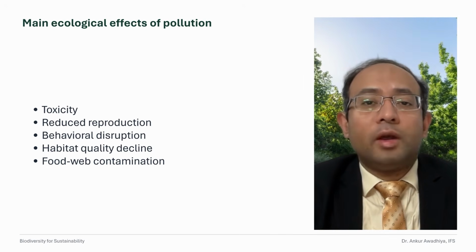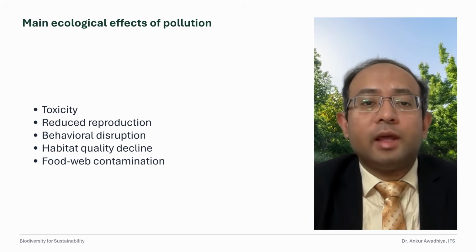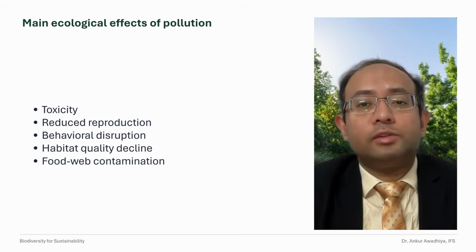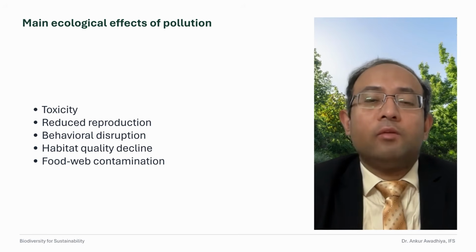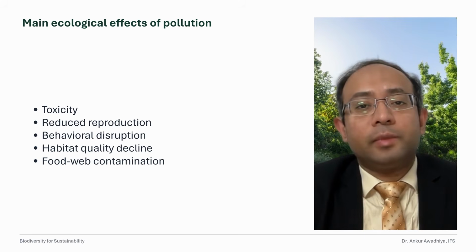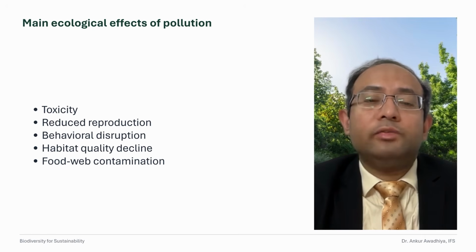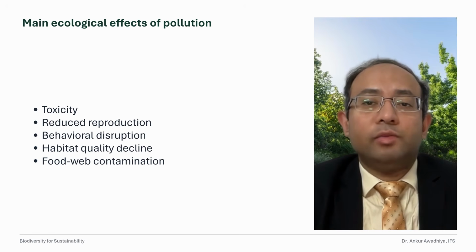Now let us organize the main ecological effects of pollution. The first is direct toxicity, which damages tissues and reduces survival. The second is reduced reproduction, where contamination impairs fertility or development. The third is behavioral disruption, where pollution changes how organisms feed, move, or communicate.